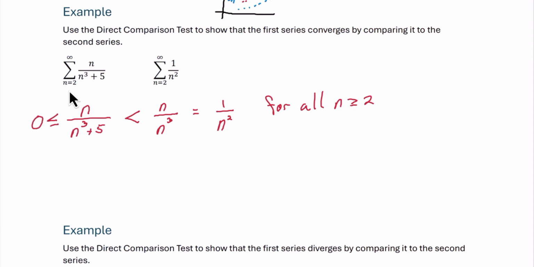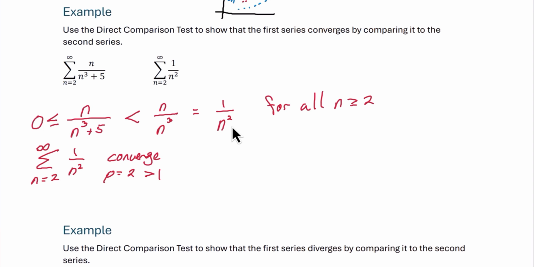And with this, we know something about this. The sum from n equals 2 to infinity of 1 divided by n squared is a p-series, right? It's going to converge because p is equal to 2, and that's greater than 1.